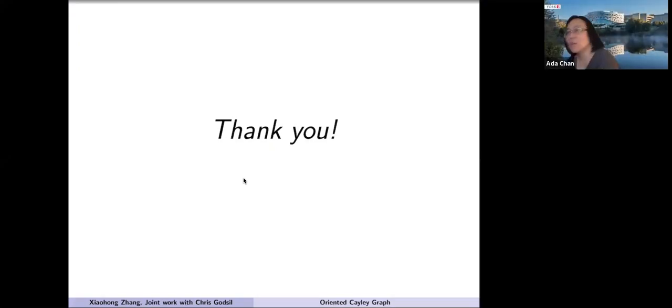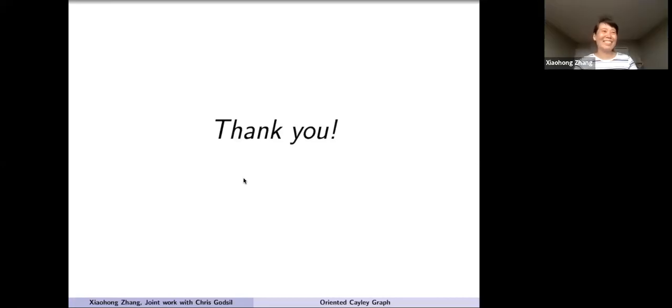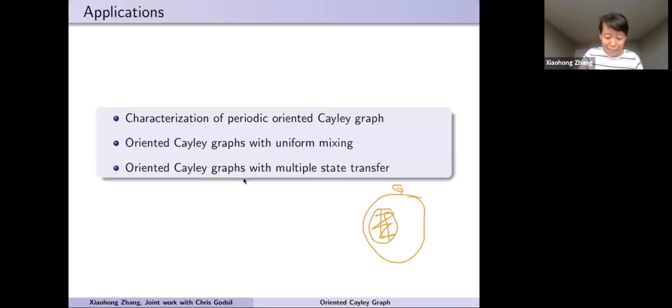What are the examples of uniform mixing? Like, the oriented Cayley graph that gives uniform mixing? That was a long time ago before teaching. I only remember one now.